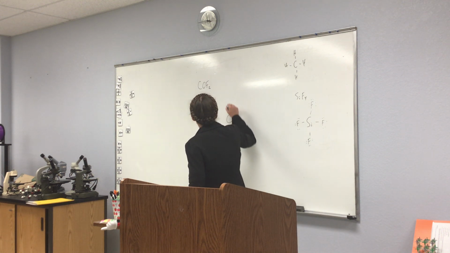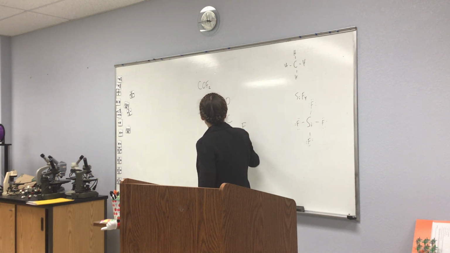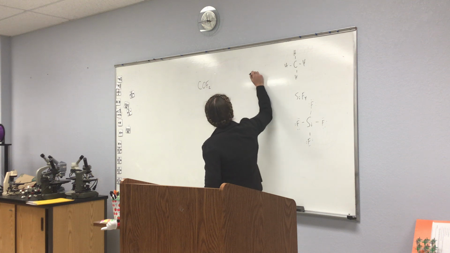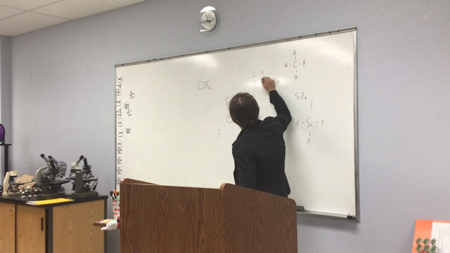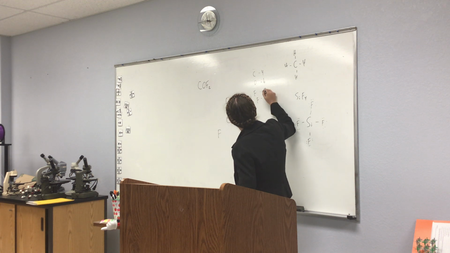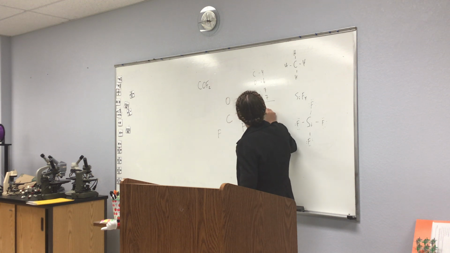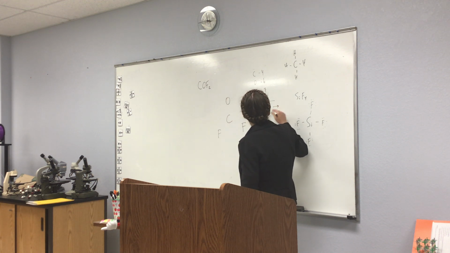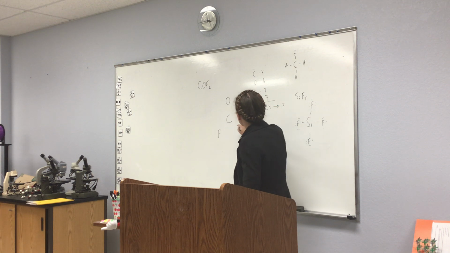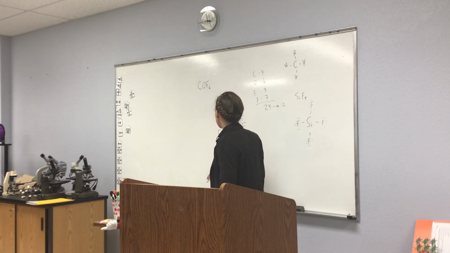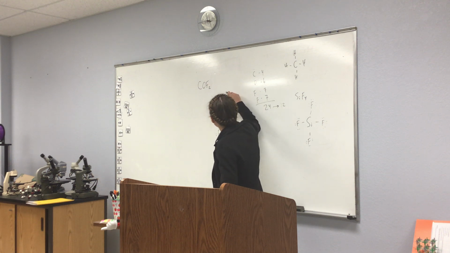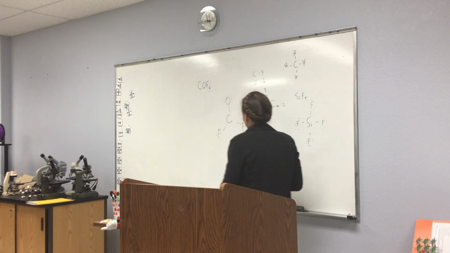So I guess it's probably going to be something like this. We counted our valence electrons. Hopefully this is something you're comfortable with. 24. How many bonding pairs? 1, 2, 3. Now we start filling in. 4, 5, 6, 7, 8, 9, 10, 11, 12.